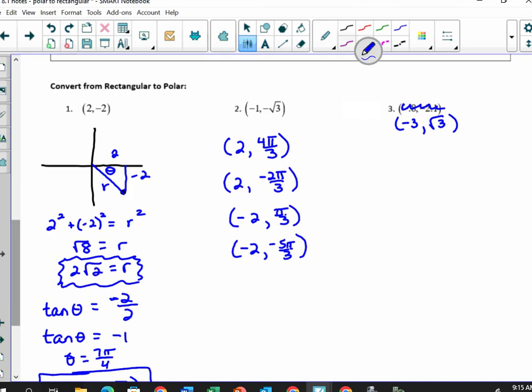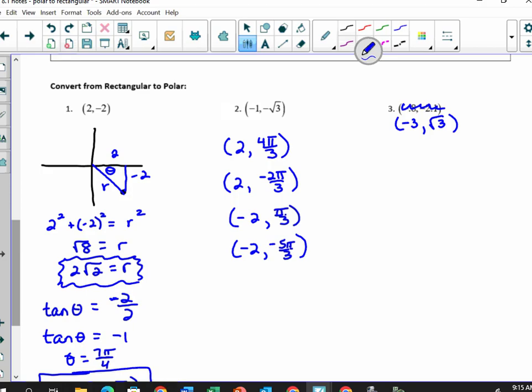Hey guys, up here. Okay. The step 1 that I did first, and the first one I listed, is plot the point. You need to do that so you can visualize where this point is, okay? Because you get 2 different places for tangent being positive root 3 here.